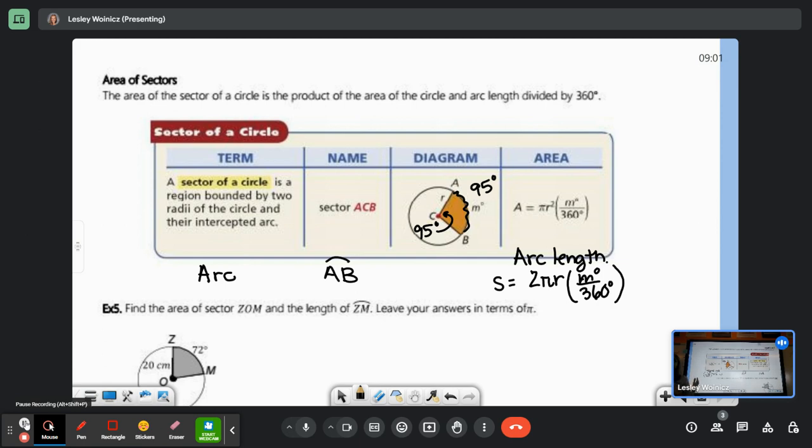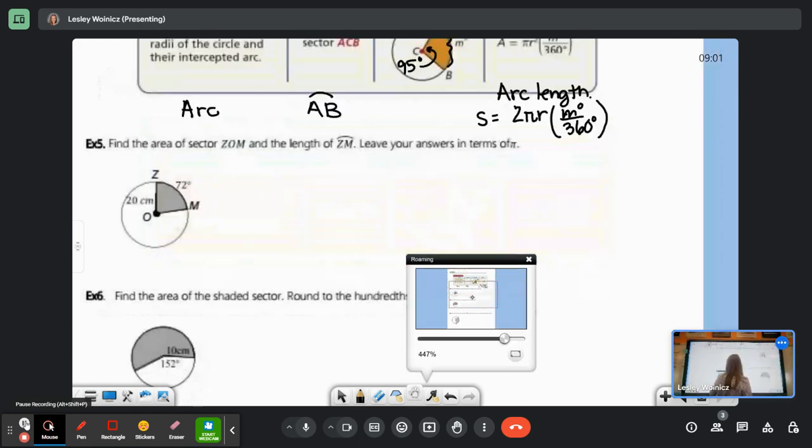You see how they're basically the same? So you only really have to memorize one formula, but just know that if you're doing the arc length, you use the circumference. If you're doing the sector area, then you use the area of the circle instead of the circumference. Okay, perfect. Let's rock and roll.